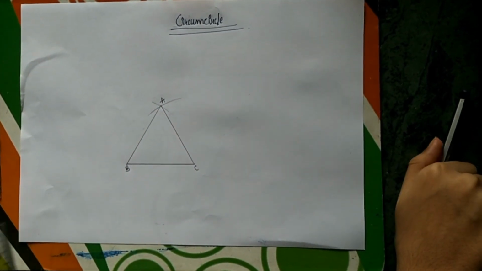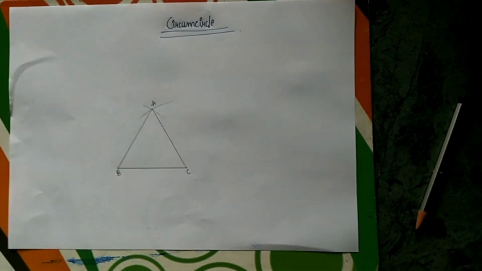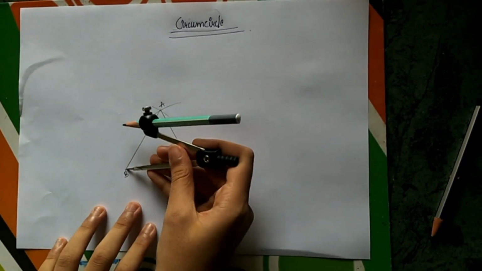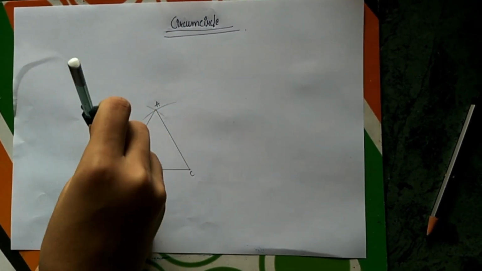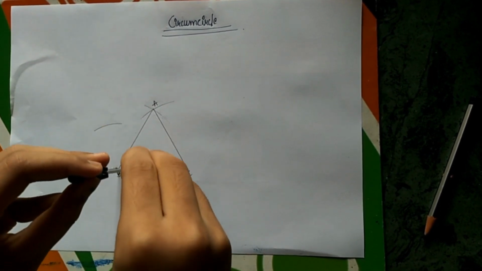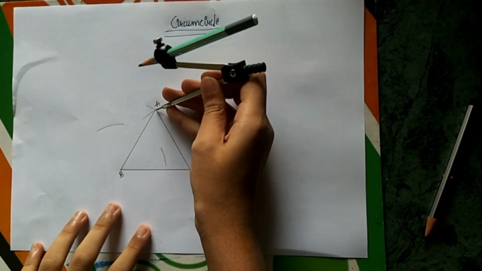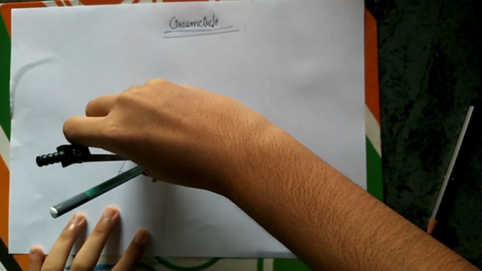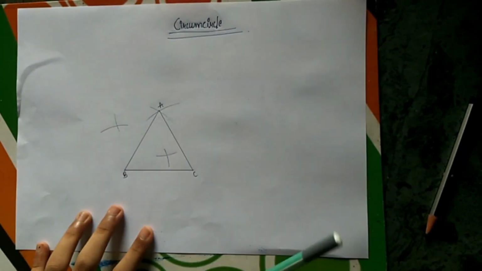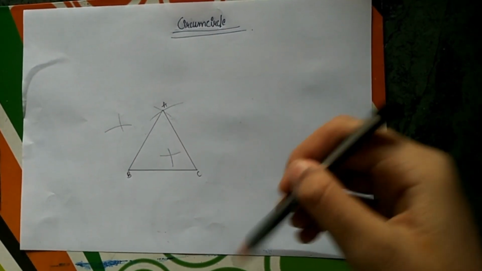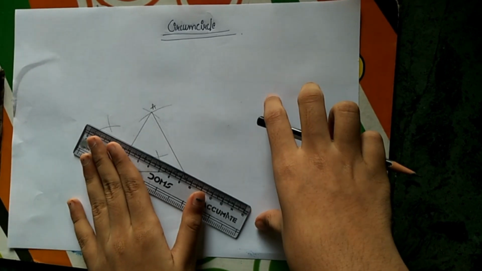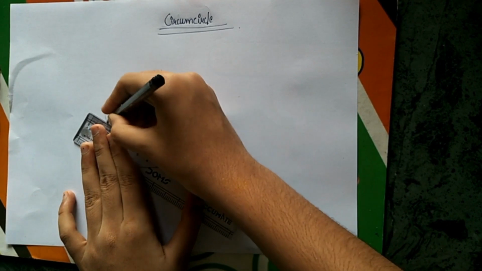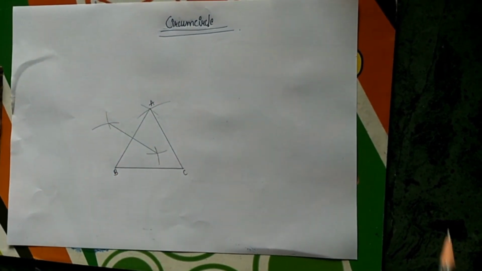Now our second step is to draw two perpendicular bisectors at any two sides of the triangle. So now let me draw it. So here I have drawn my first perpendicular bisector.